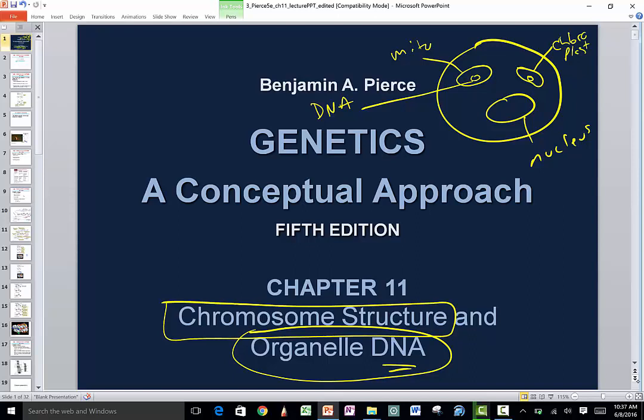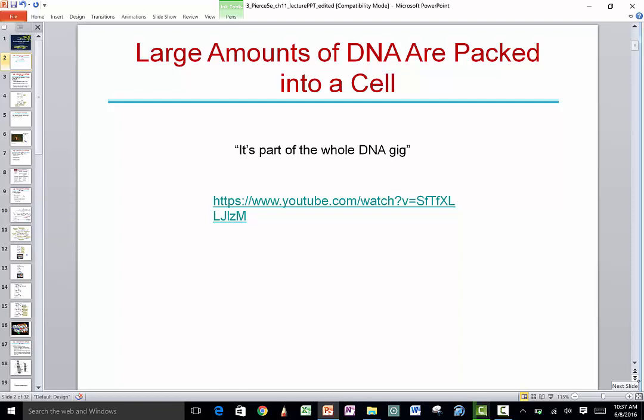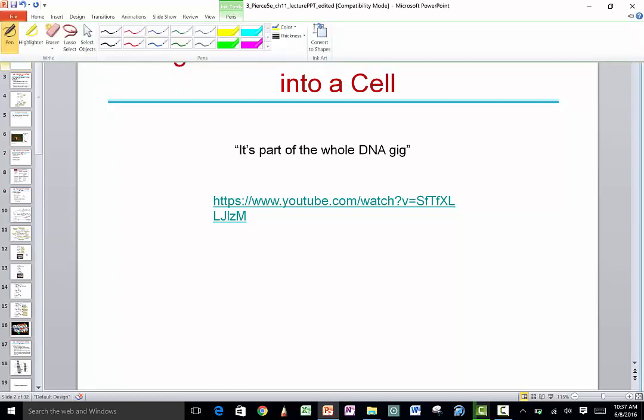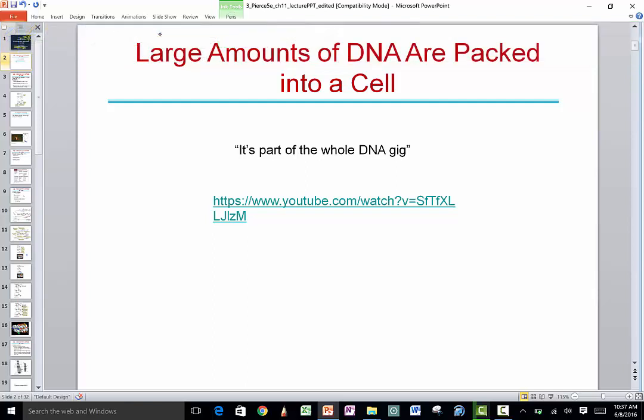All right. So chromosome structure, the idea is that we need to think about the DNA and how that DNA gets packed into the cell.